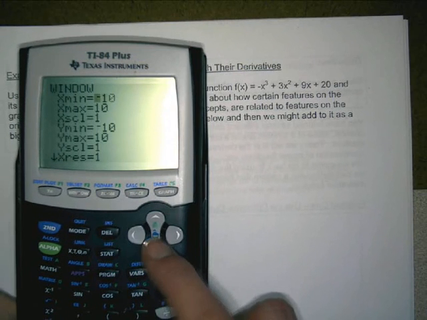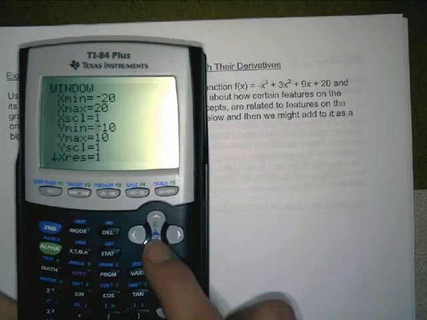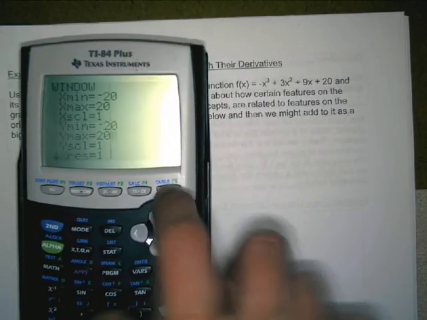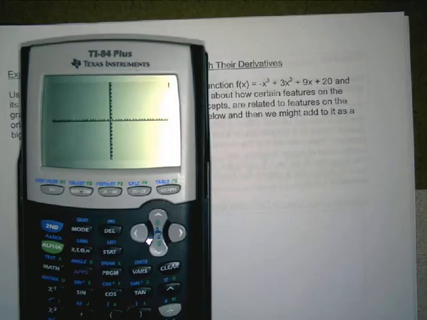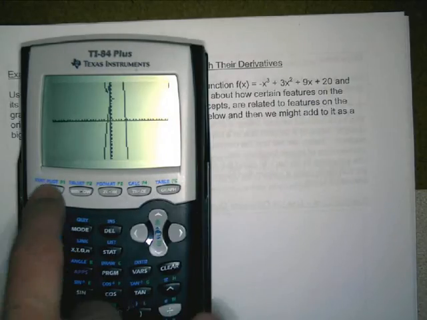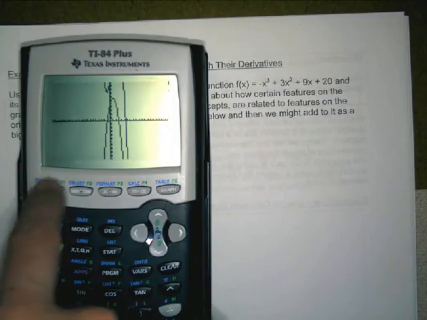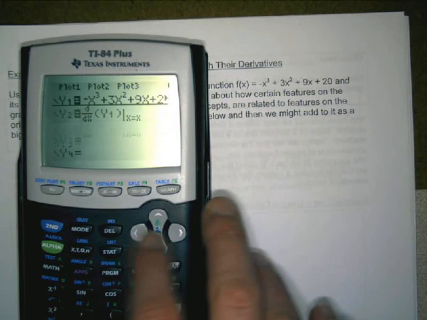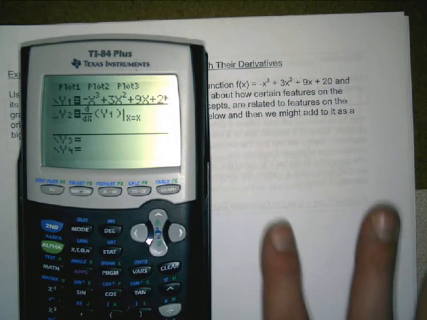Okay, let me go and adjust the window a little bit. I'm just setting it on the table a little bit roughly. I'm gonna zoom out a little bit. The other thing that I'm gonna do here is make this graph a little darker.